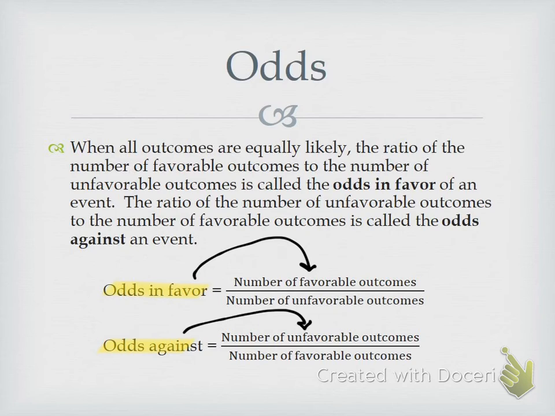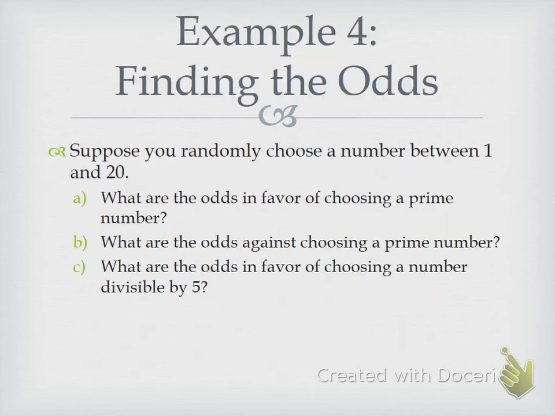All right, so now let's look at the example. You randomly choose a number between 1 and 20. What are the odds in favor of choosing a prime number? Odds in favor, that's the one I'm using. Odds in favor equals, which one goes on top, favorable or unfavorable?